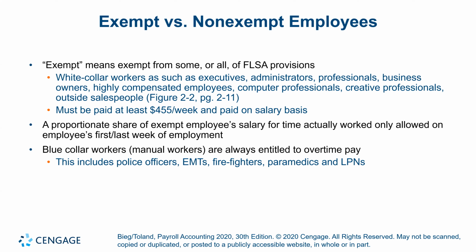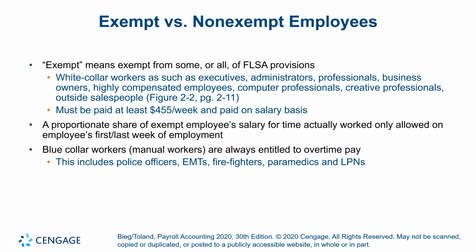So they don't have to worry about following, for example, minimum wage laws and things like that because they're already in very high paying positions. Just like it shows here, they must be paid at least $455 a week and paid on a salary basis. A proportionate share of an exempt employee's salary can be paid for time actually worked.